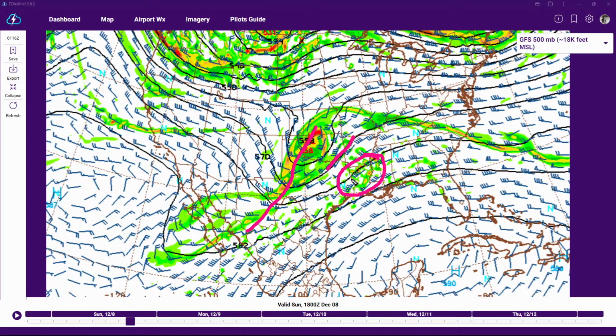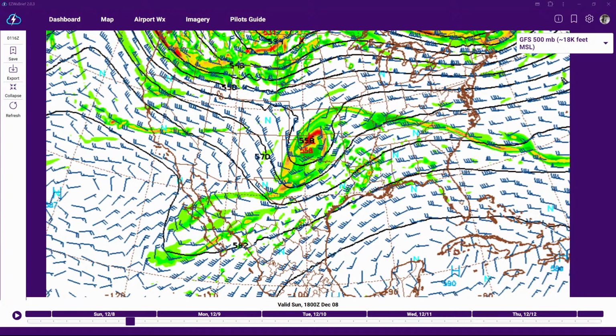We have the height lines that tend to diverge from each other, which creates an area of upper level divergence. When air diverges aloft, something's got to come in to replace it from below, and that's how you get your lift from an upper level weather system. So that divergence with that vorticity pattern has a kind of cellular look to it here.